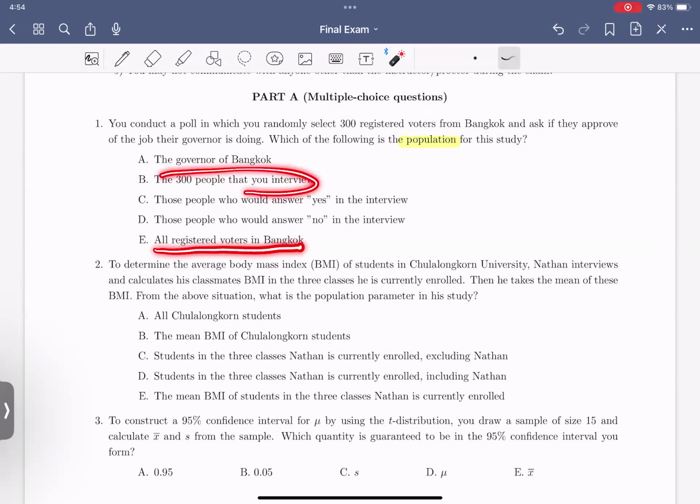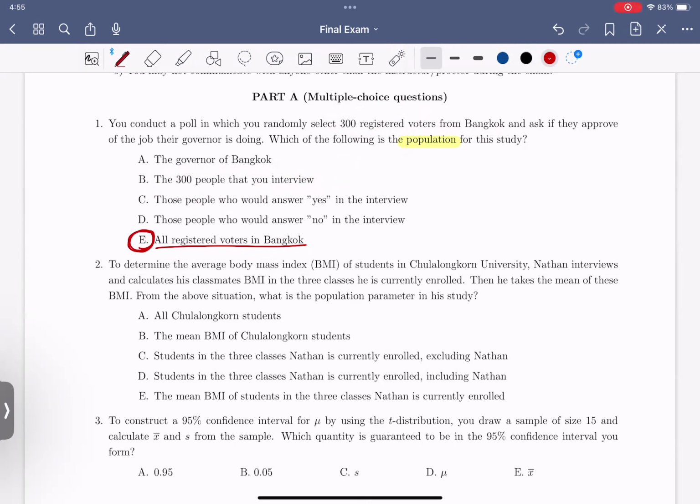So this is only a sample of 300 people. But what you actually want to know is the population parameter, which is the proportion of people in Bangkok who answer yes in the interview, for example. The answer to this question is going to be choice E, all registered voters in Bangkok. This is the population of your study.